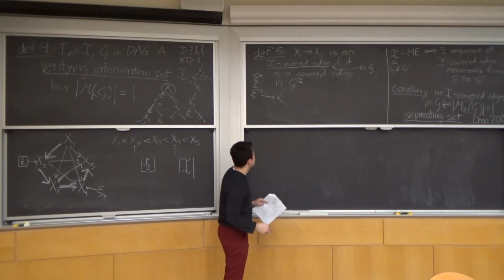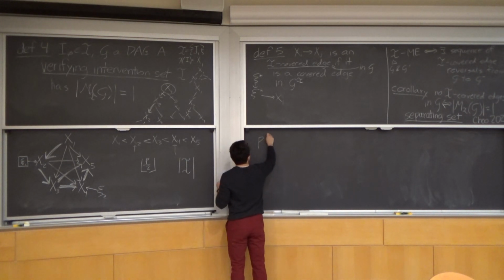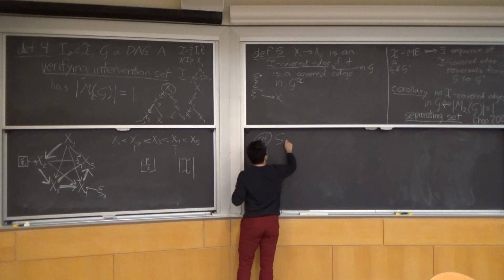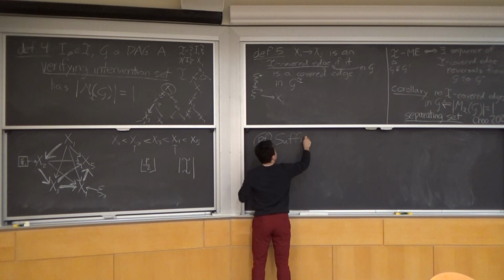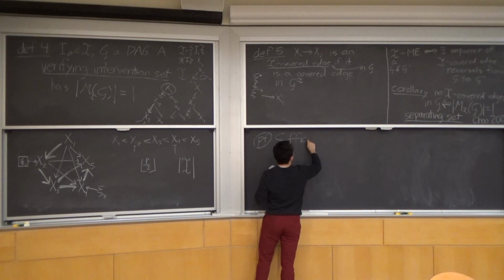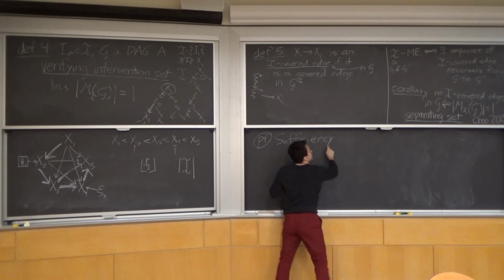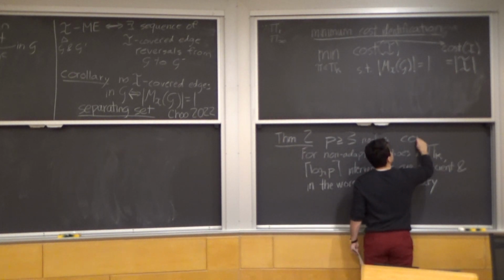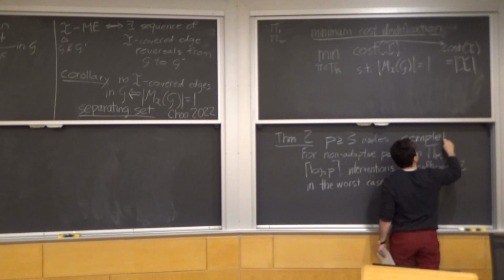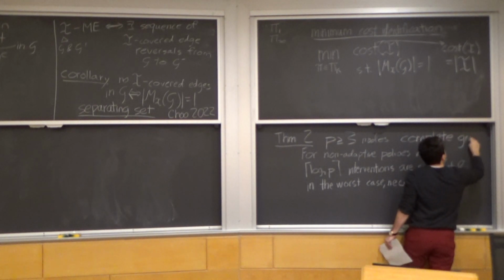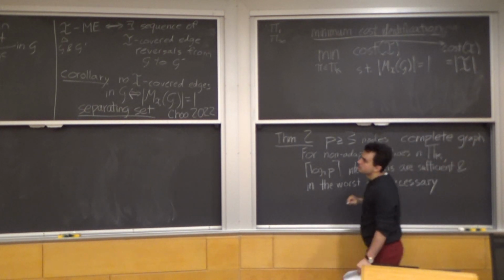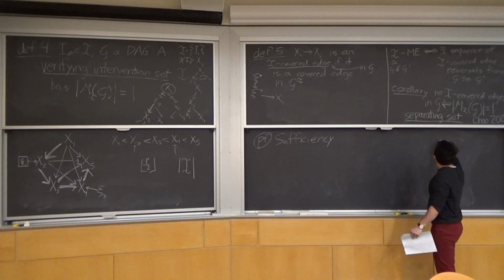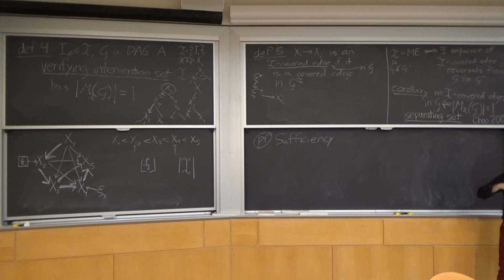This is actually kind of nice. So the proof of the sufficiency. Sorry, I said it out loud, but we need to write it. This is for the complete graph. So what we're going to do is basically number the vertices from 0 to p minus 1.